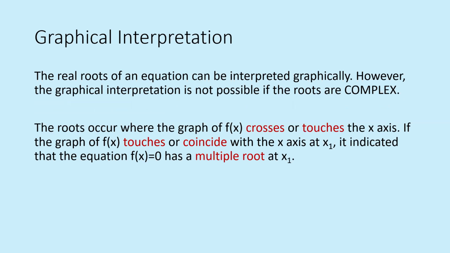The roots occur where the graph of f of x crosses or touches the x-axis. If the graph of f of x touches or coincides with the x-axis at point x1, it indicates that the equation f of x has multiple roots at x1.